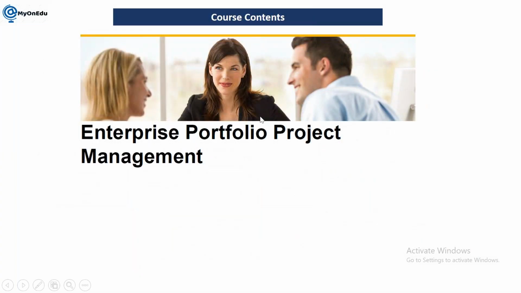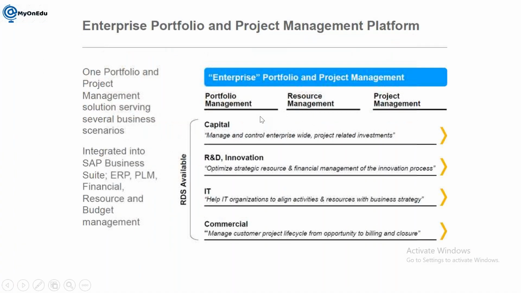Now let us understand enterprise portfolio project management. When we go to understand the complete management of your portfolio, starting from proposals, then how proposals are finalized, then how they are executed and delivered, we can understand it from these perspectives: portfolio management, resource management, and project management. In EPPM, all the different levels of management are involved: higher management, mid level, and lower or associate level.